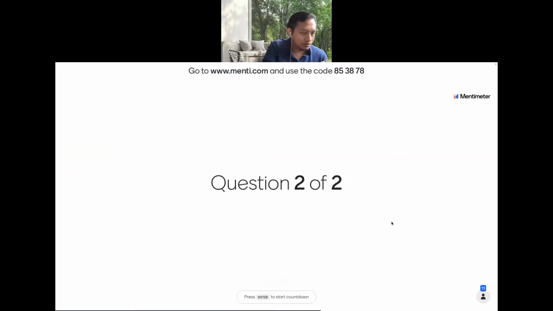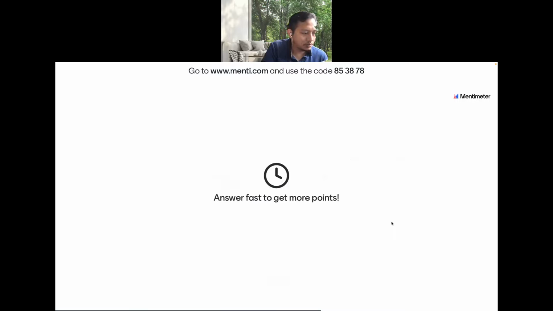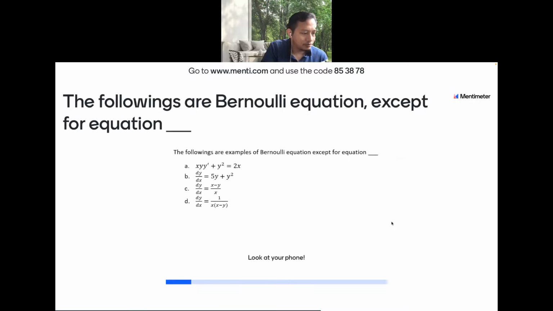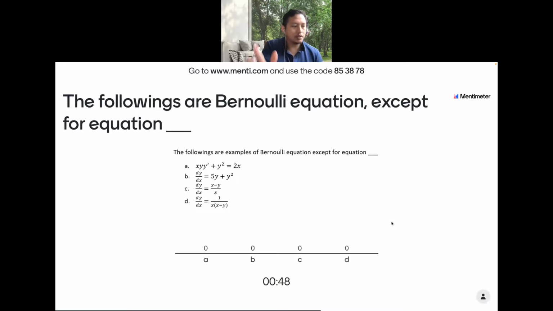Okay, one more. I hope the next one should be easier. Bernoulli equations. If you remember Bernoulli, which one is not Bernoulli?